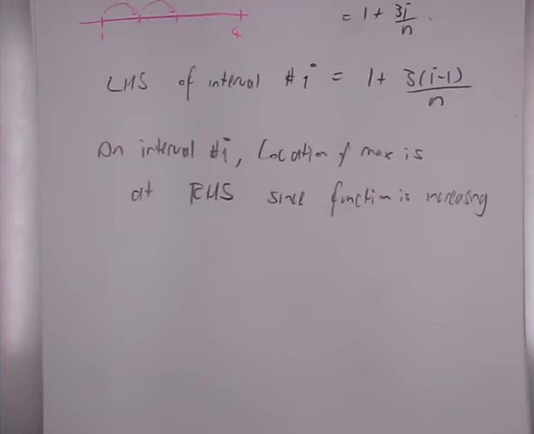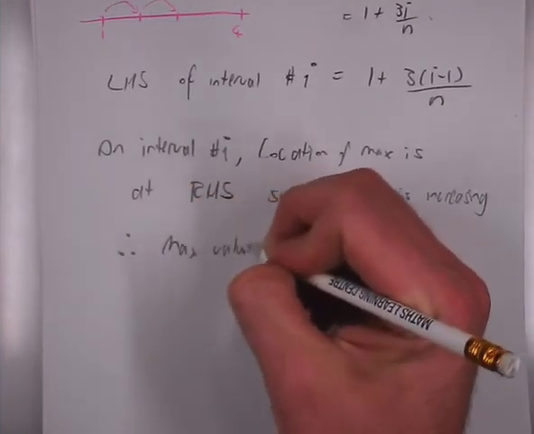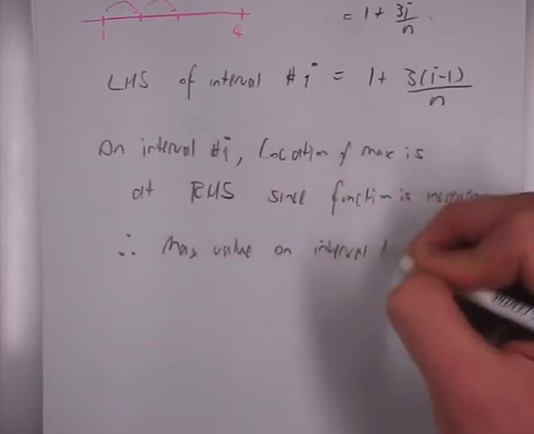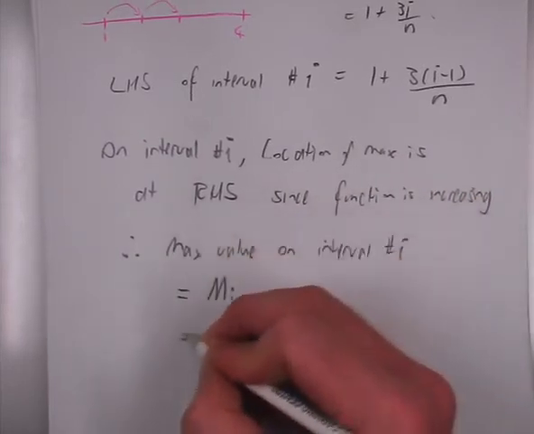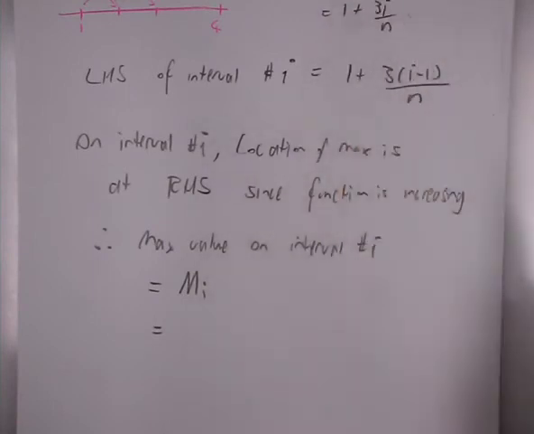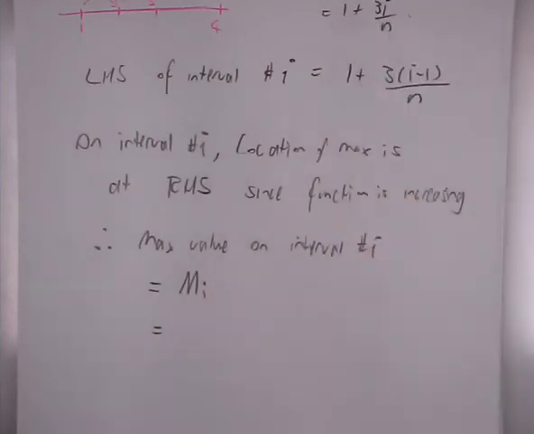Now I need to know what the maximum is. The maximum value on interval number i is, that's what we call capital Mi, and it must be what I get when I put the right-hand end into the formula.